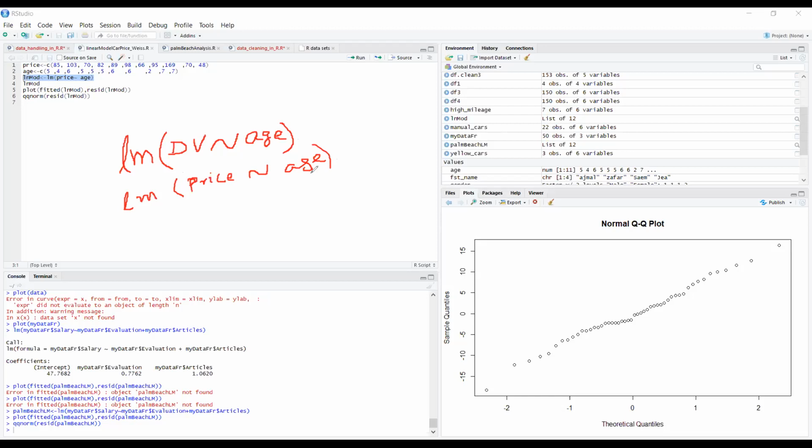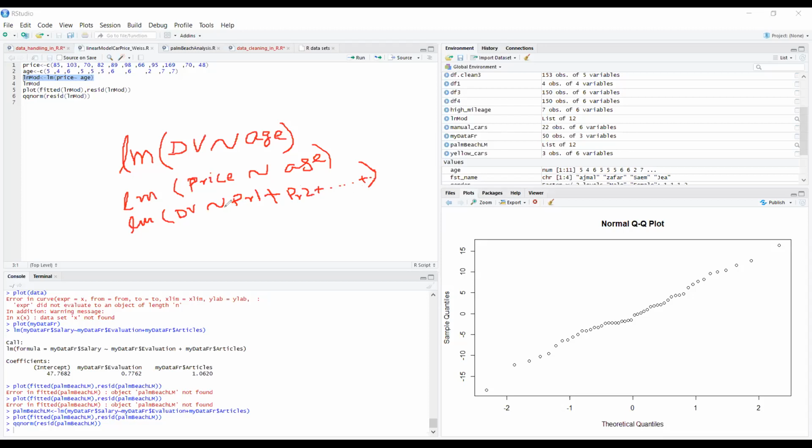If I have more than one independent variable, then what will the procedure be? The procedure will be lm, dependent variable, this symbol, predictor 1 plus predictor 2 plus, and so on, and close the bracket.